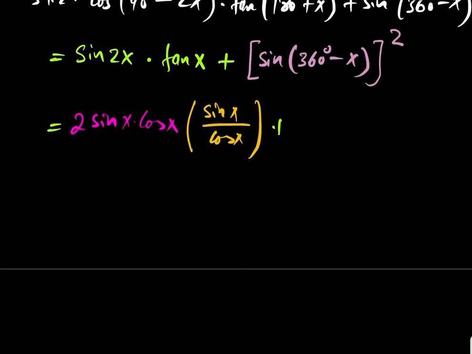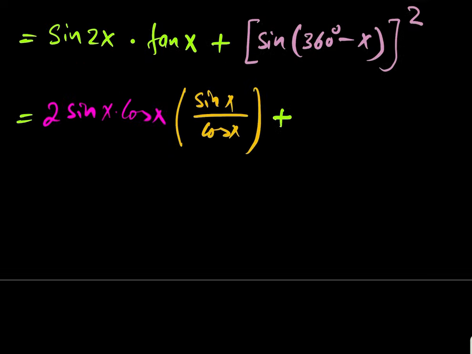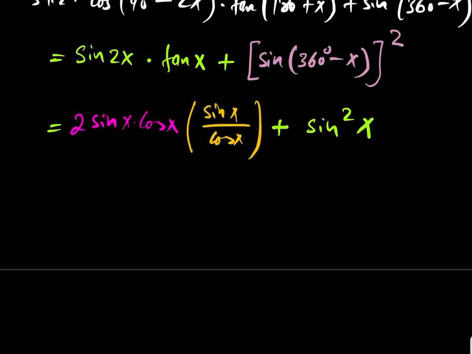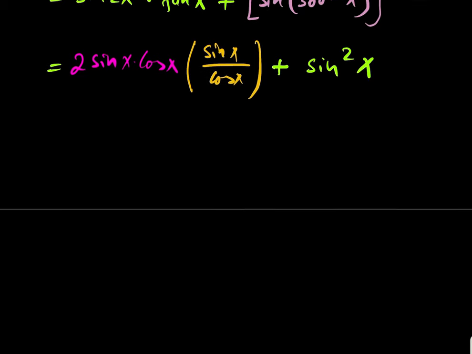And then you are going to have a positive, this inside part, it's negative sine x, and then you square that negative sine x, is going to give us sine squared of x, just like that. And then now you try to simplify this.